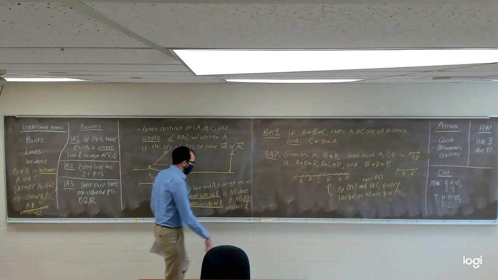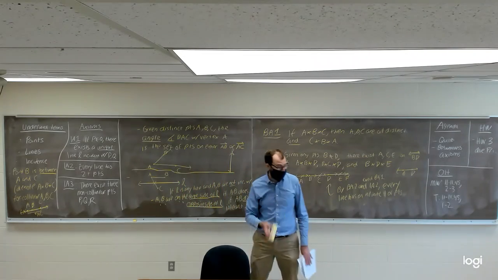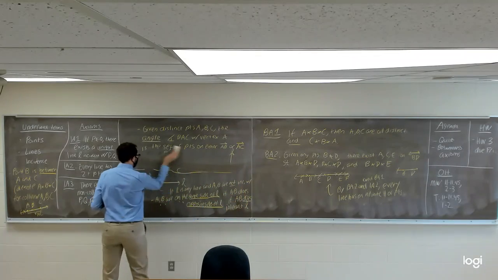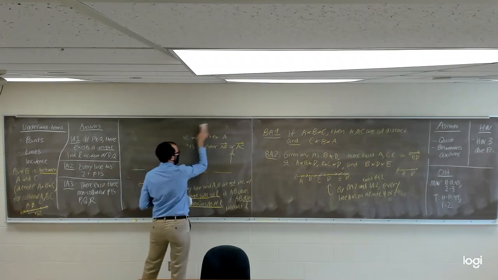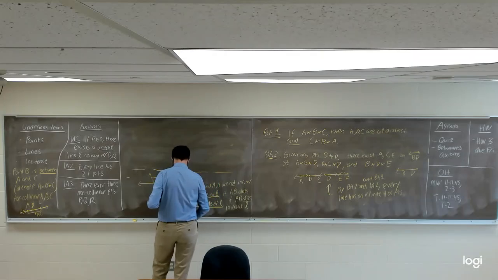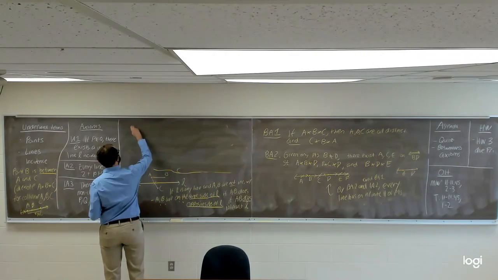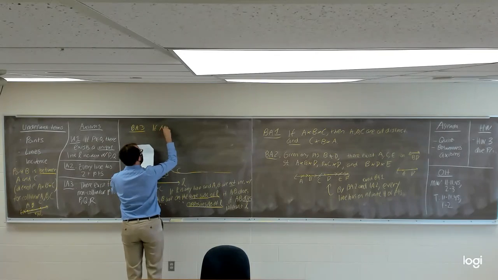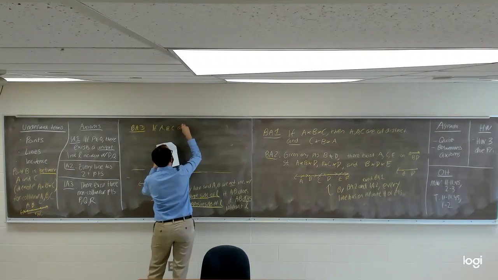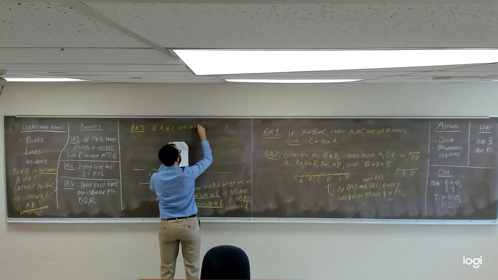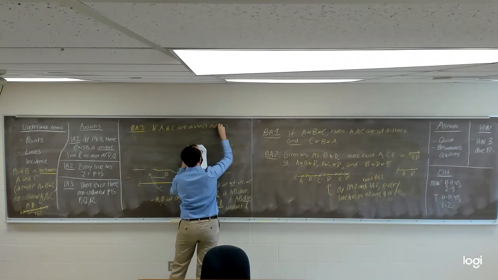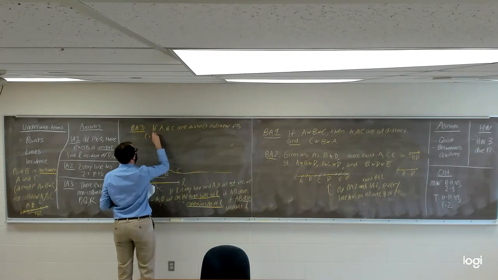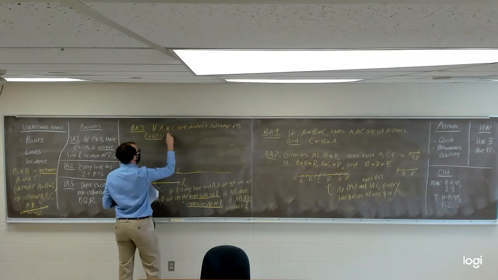Axiom 3. Jane, I think you basically said betweenness axiom 3 already, which is, given any 3 points on a line, exactly 1 has to be between the other 2. If A, B, and C are distinct collinear points, exactly 1 of these points must be between the other 2.